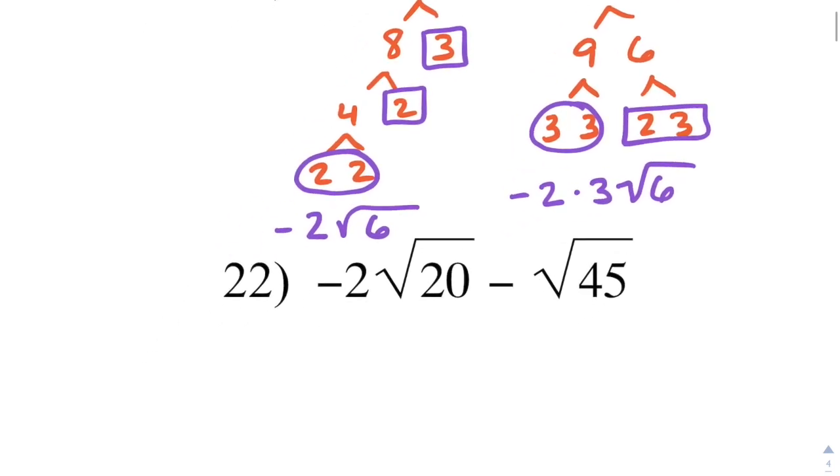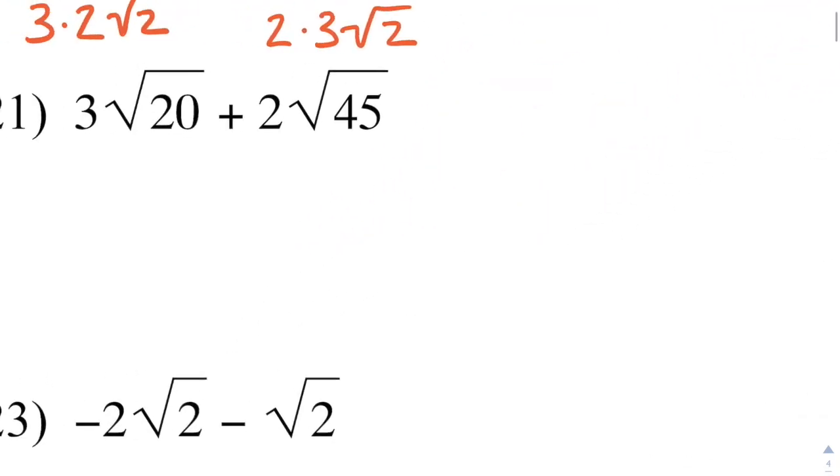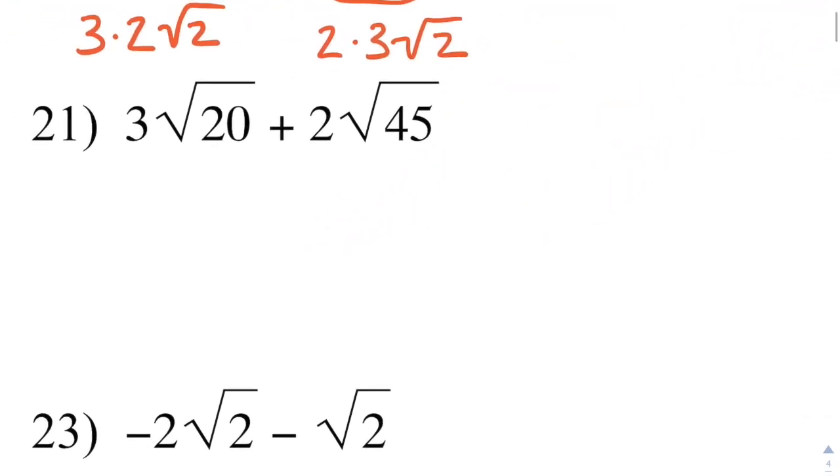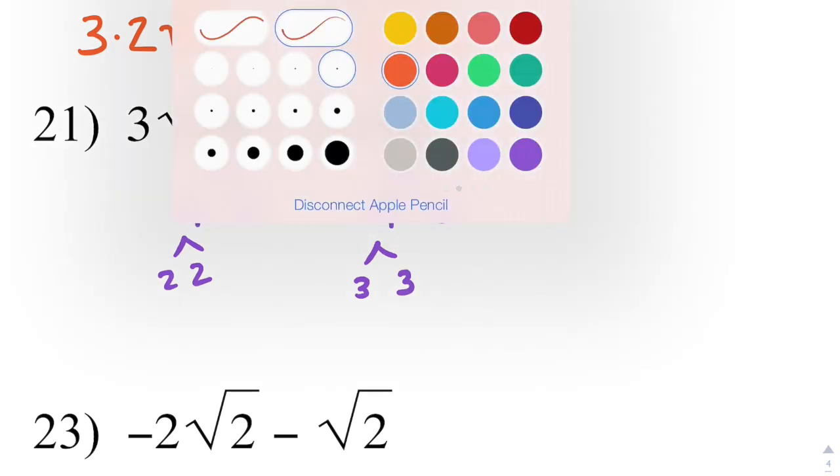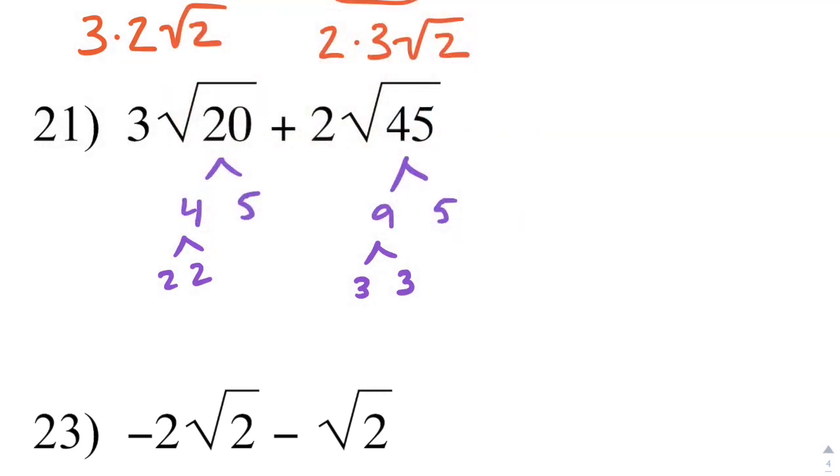Moving on to the next one. We have 20, that's 4 times 5, just 2 and 2. 45 is going to be 9 times 5, which is 3 and 3. So my original 3, keep my group of 2, and then 5 is left over.